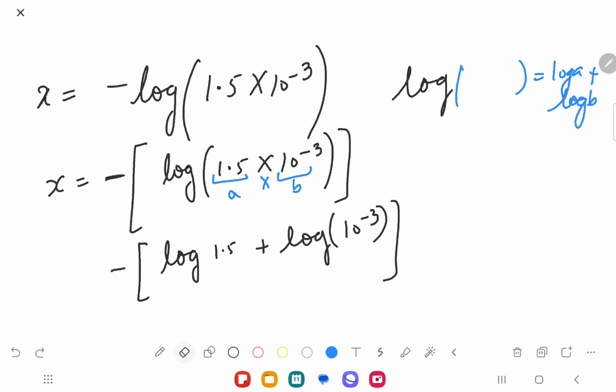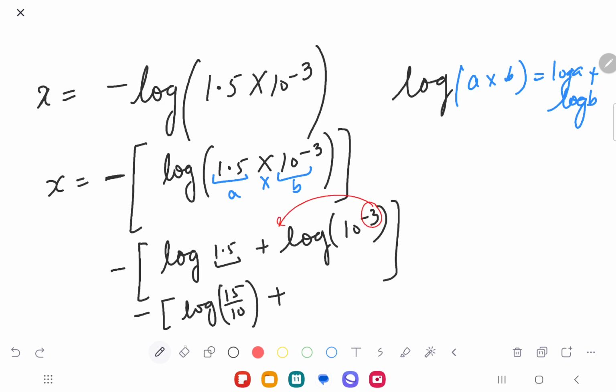Yes or no? Then what do we have? The minus goes inside. So I'm going to put 1.5, which is nothing but 15 over 10, plus I'm going to bring minus 3 right here in the front. So it is going to become minus 3 times log 10. Yes or no?